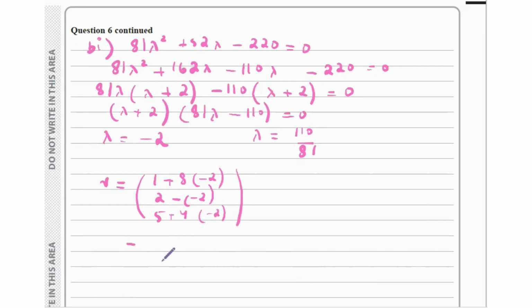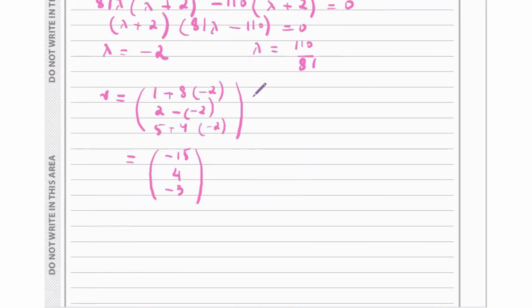That's going to give us the same vector as given in the question, which is -15i plus 4j minus 3k. That's your answer. For part 2, we'll substitute the other lambda value, which is 110 divided by 81.